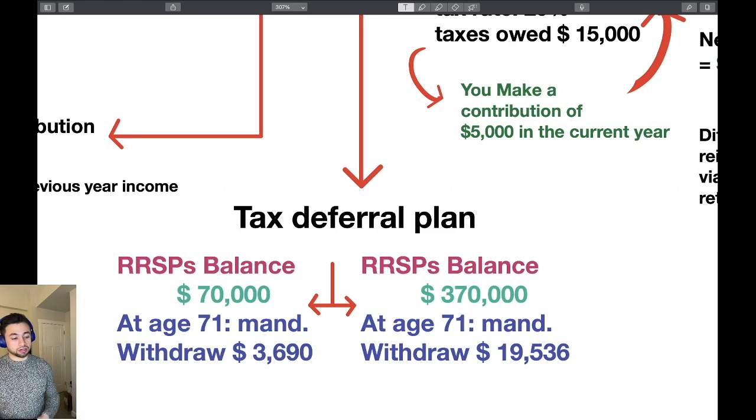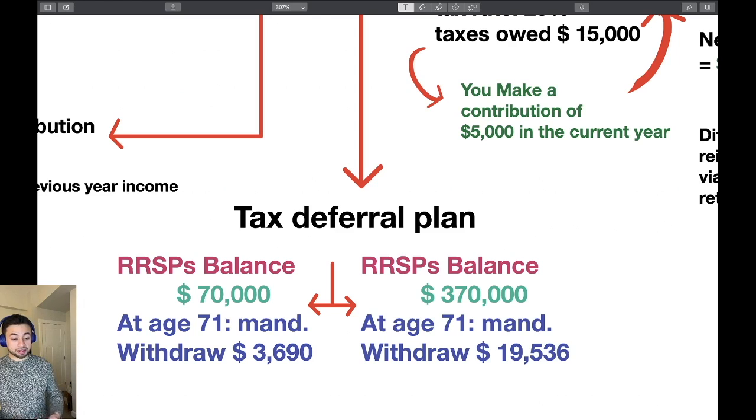This second individual has a balance of $370,000. So at age 71, this individual has to take out around $19,000, almost $20,000, every month in order to keep his RIF, in this case, a valid account.